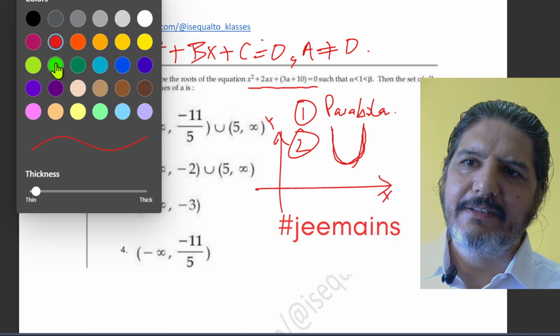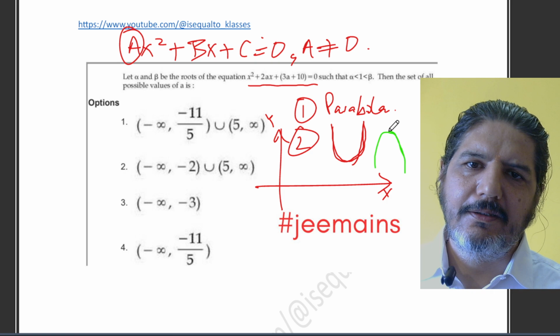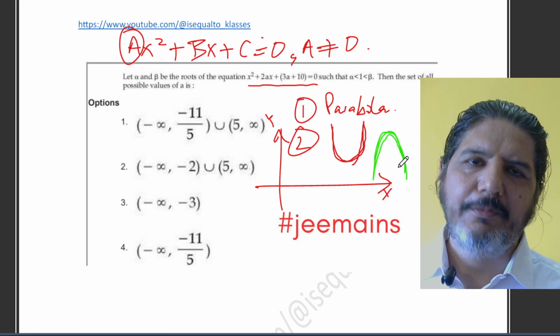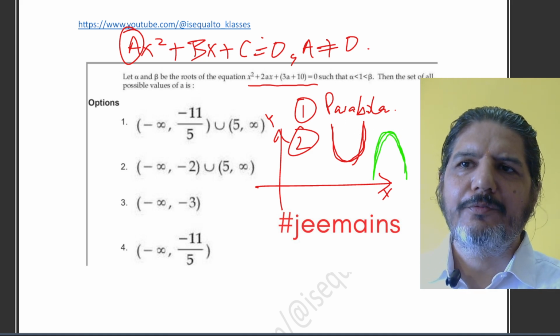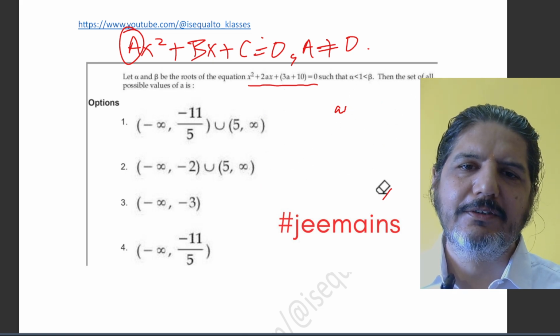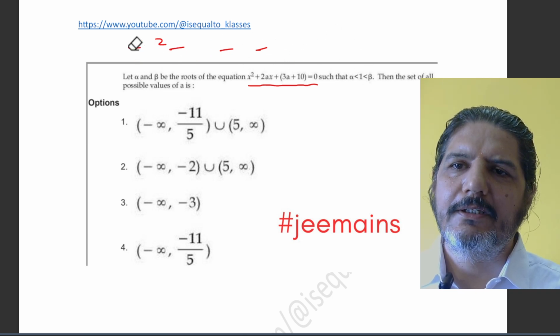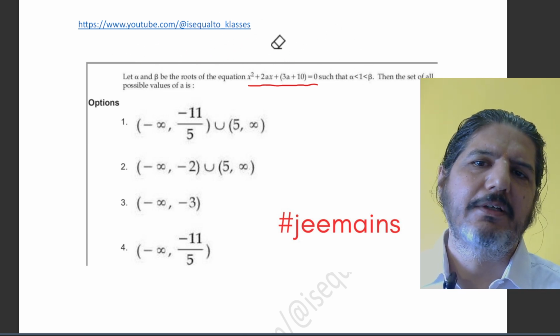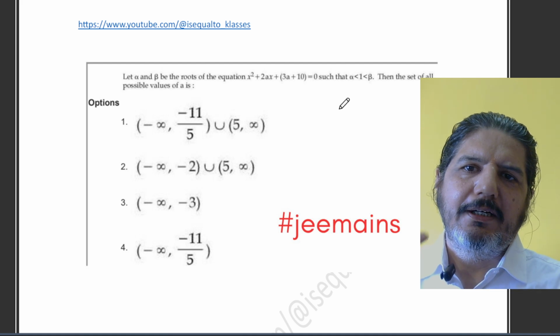But if a is negative, then the parabola will be shaped like this. Most of you would have understood this either when you were doing quadratic equations or when you were doing parabola in the ellipses chapter. This is something I'll require when I do this question.